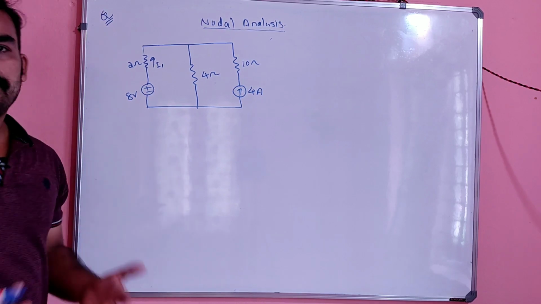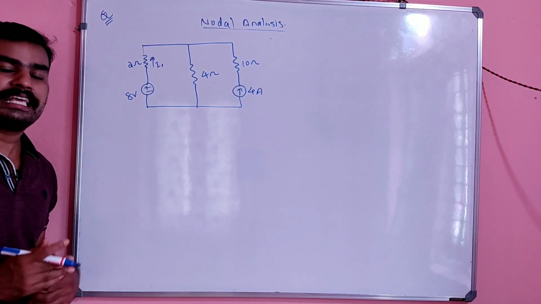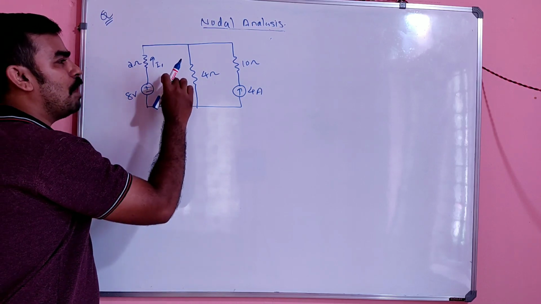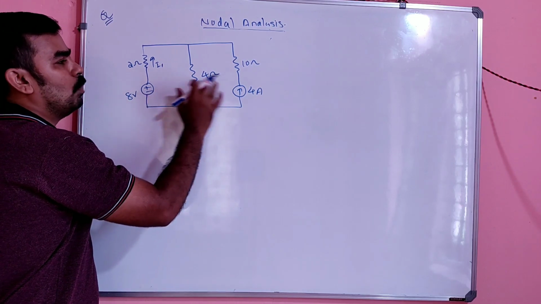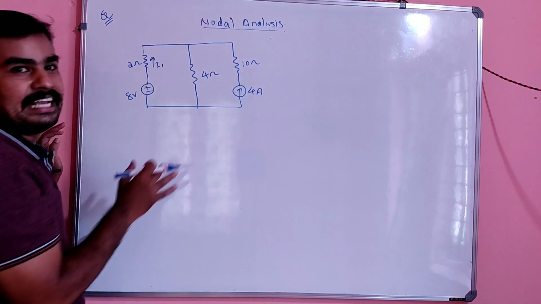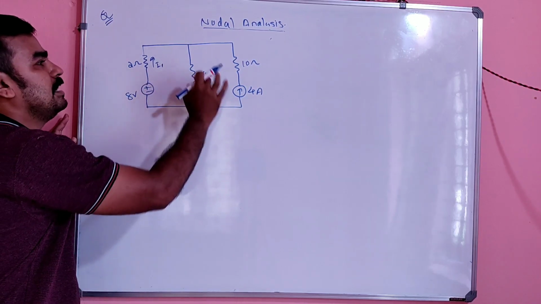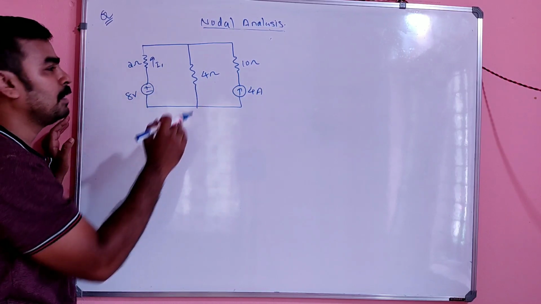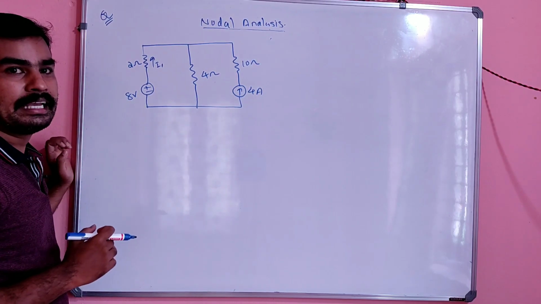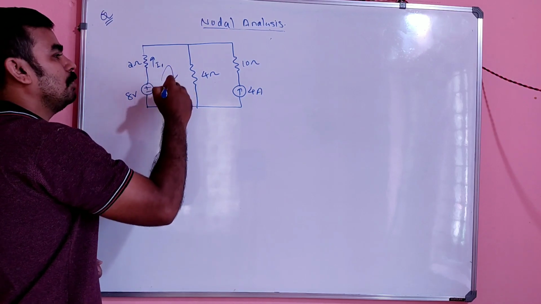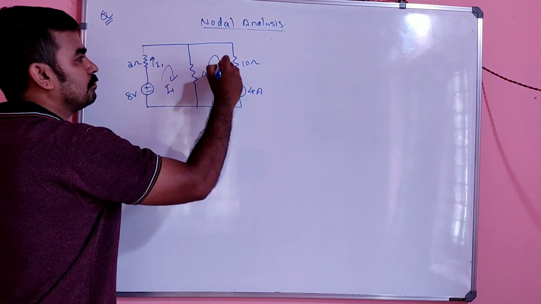My first step of doing KVL is assigning the current, and before that you have to count how many meshes are there. Here there are 2 meshes, 1 and 2, two closed paths.